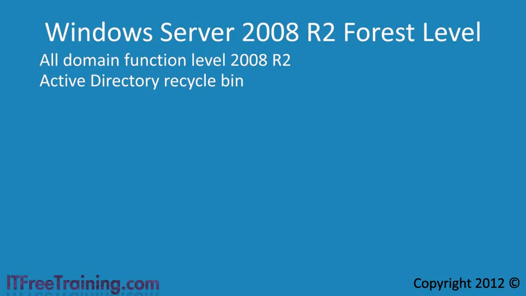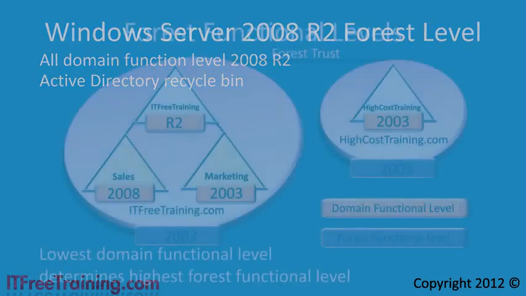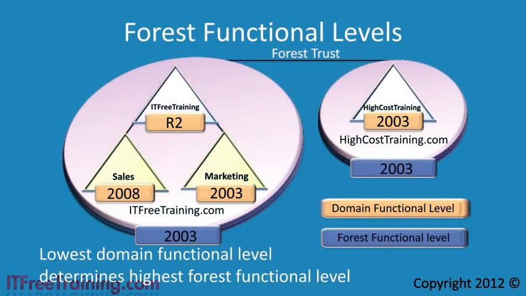Okay, now let's go back to the example and look at upgrading the domain and Forest functional levels one last time. Let's consider that we want to upgrade all Forest levels to Windows Server 2008 R2. To upgrade IT Hi-Cost Training is quite easy.